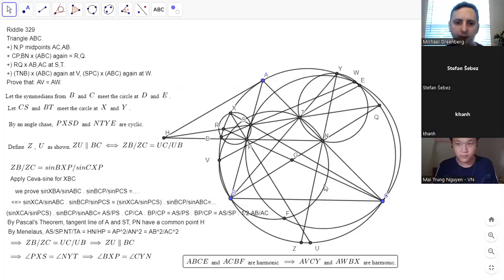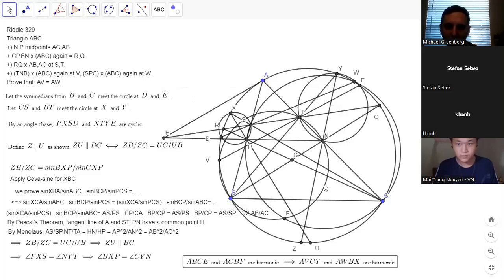And then from there, I think it's angle chasing, because we want to show that angle AYV is equal to angle AXW.